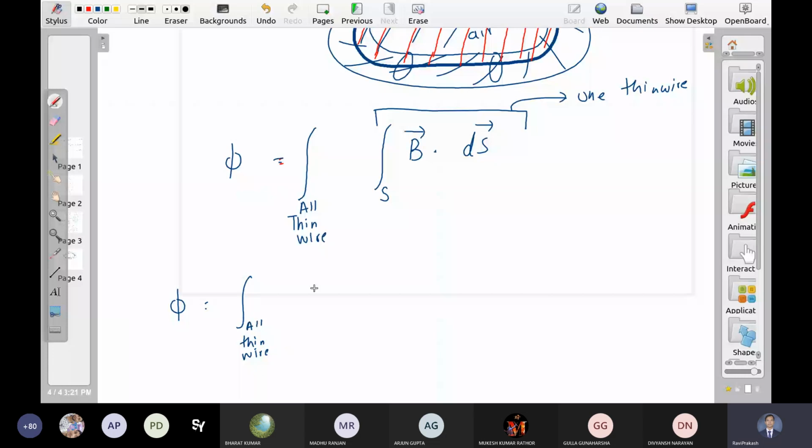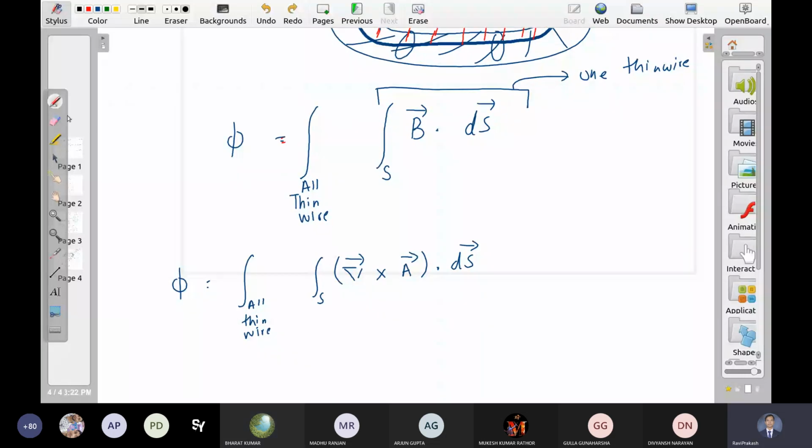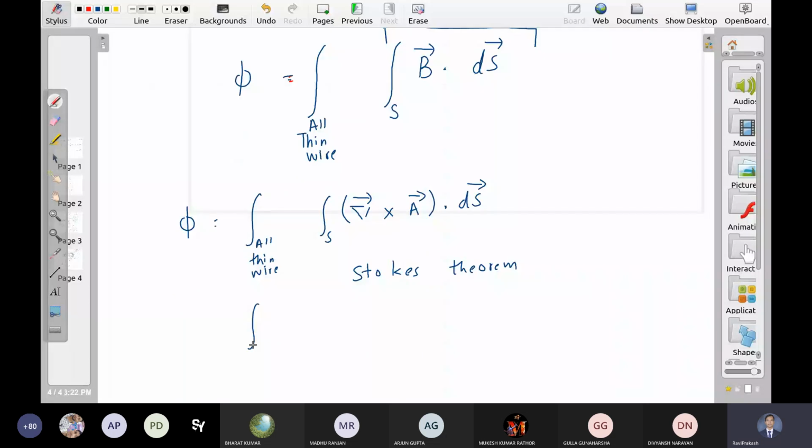Now I can write this B as del cross A dot ds, right? If I apply Stokes theorem to this part, what will we get? The integral over L of A dot dl.